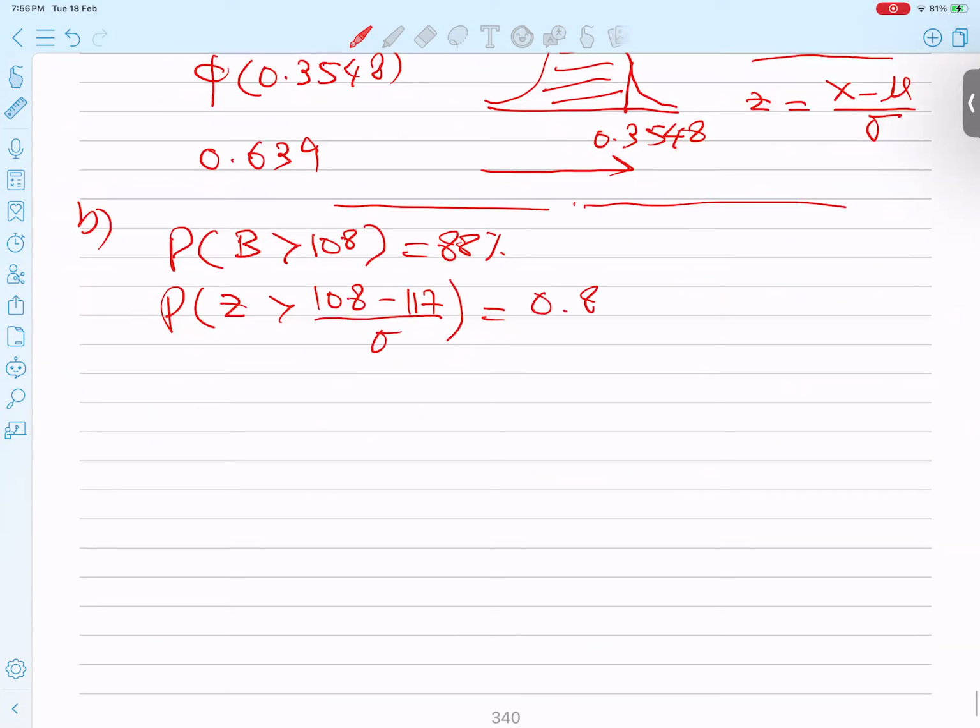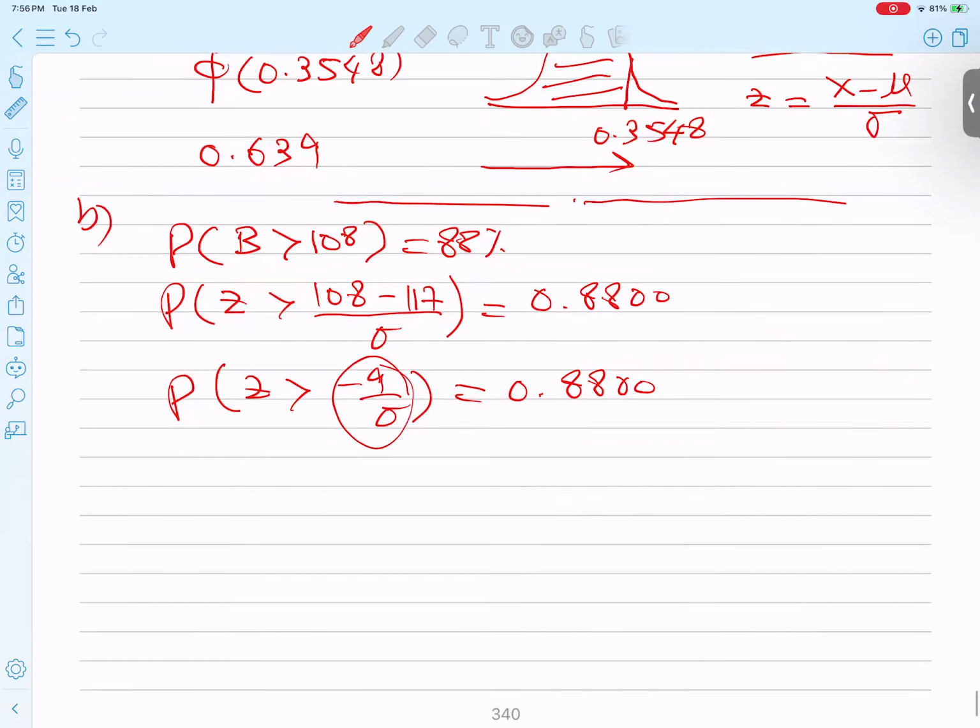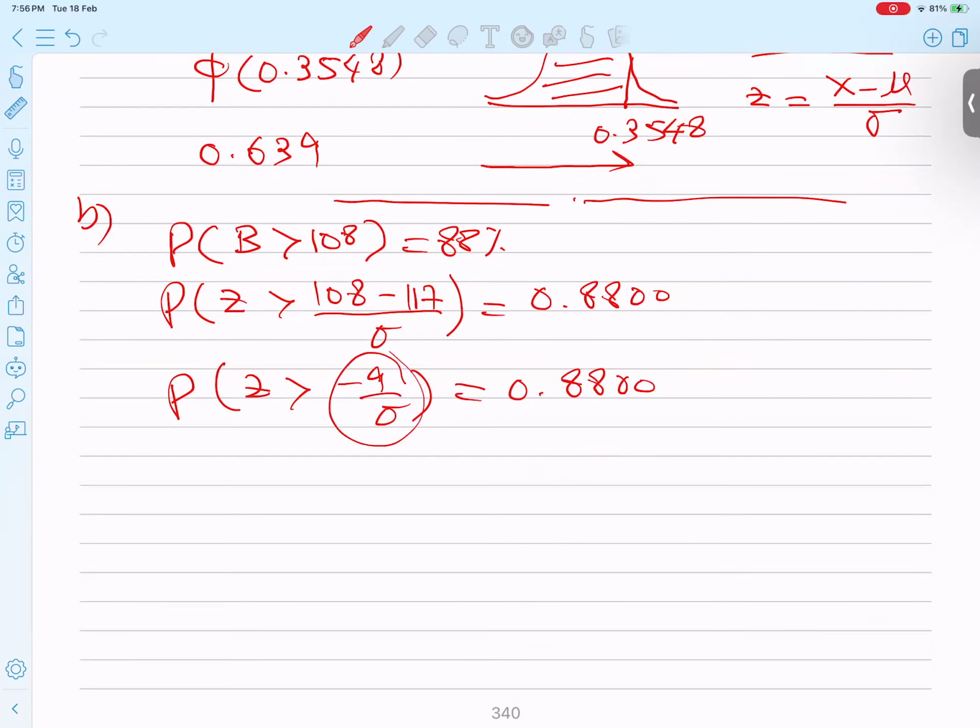So 0.88, I put. Now, students, if you look carefully, 108 minus 117 gives negative 9 over the deviation. You know, deviation is not negative, so this is a negative value.